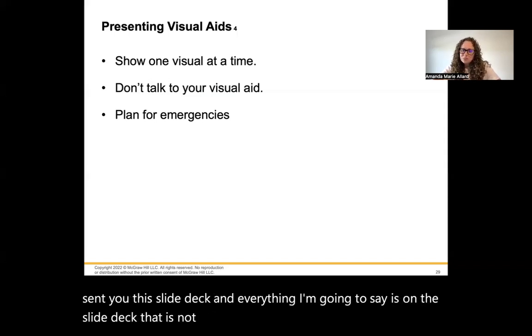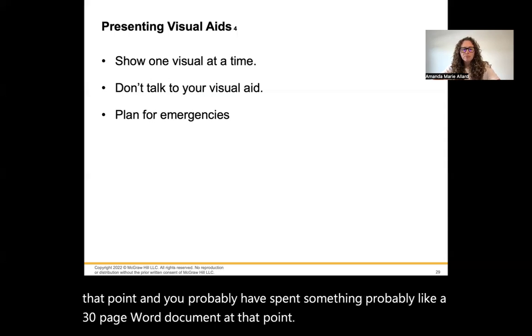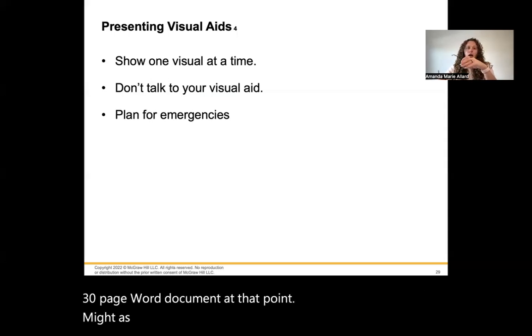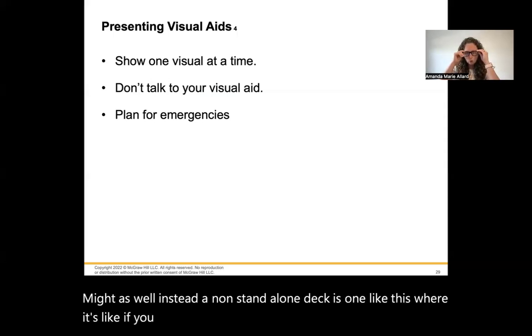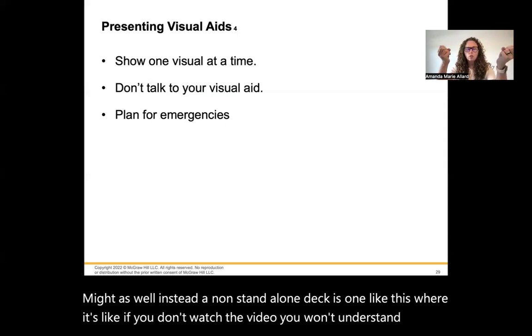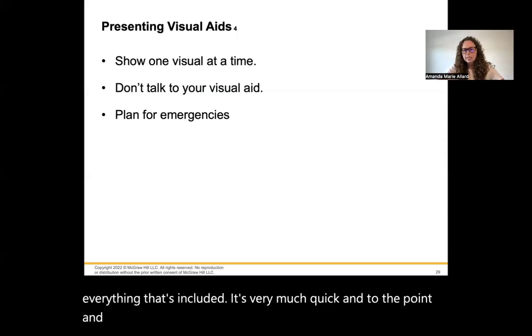There is no reason for the speech at that point. And you probably have sent them like a 30-page Word document at that point. Might as well. Instead, a non-standalone deck is one like this, where if you don't watch the video, you won't understand everything that's included. It's very much quick and to the point, and you have to listen to the speech to understand it.